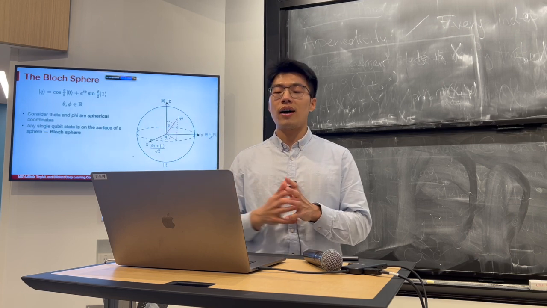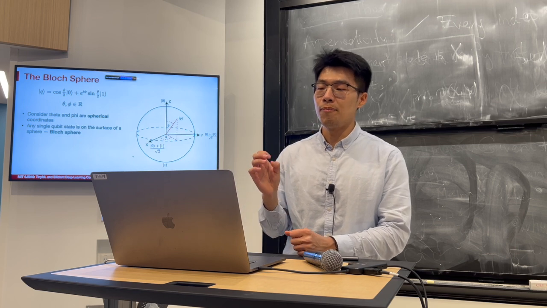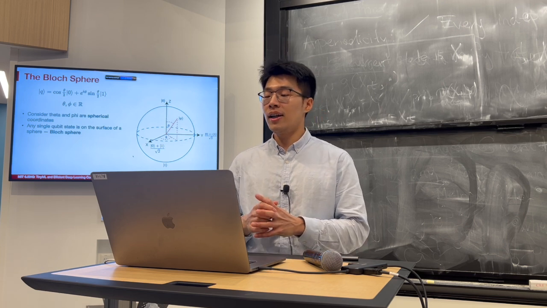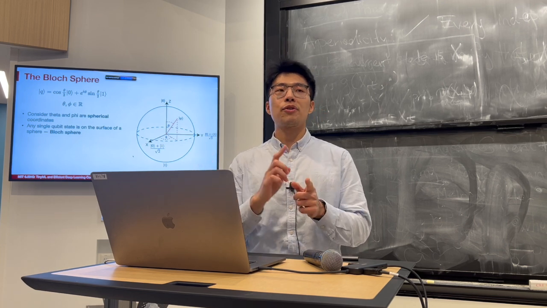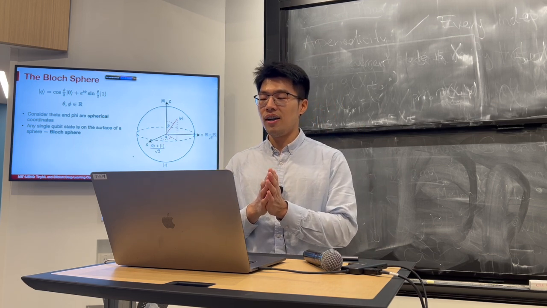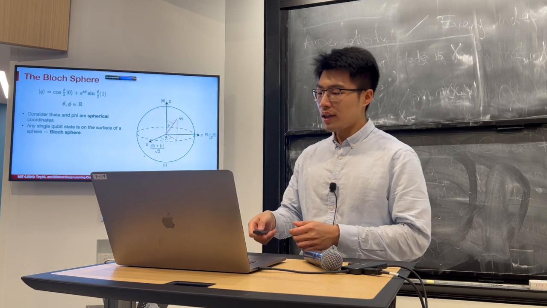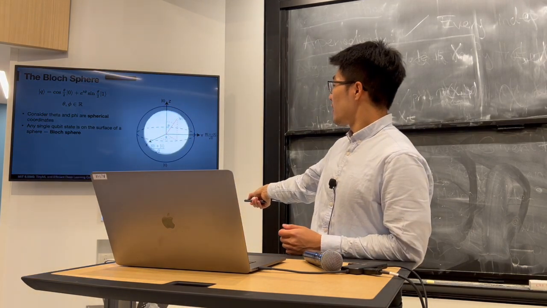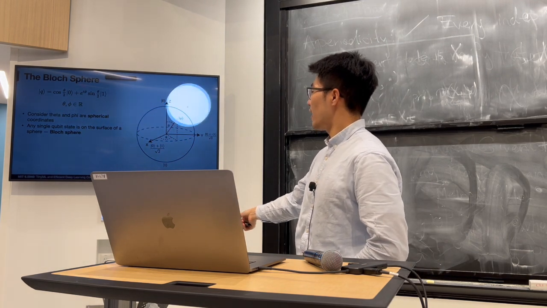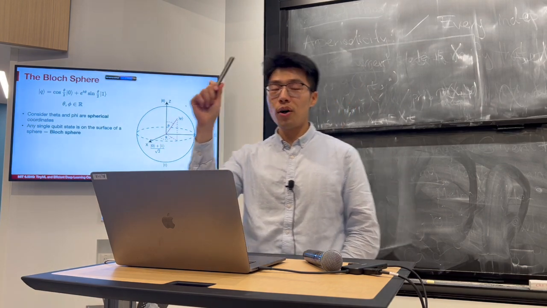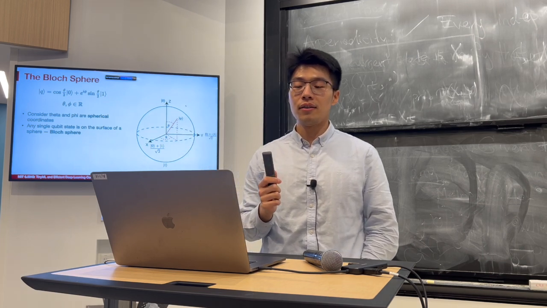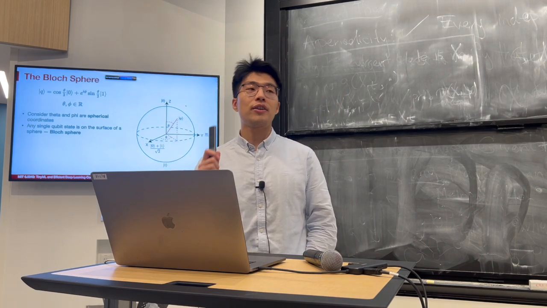That constrains all the degrees of freedom to just two real numbers, which are theta and phi. So we can represent the state of an arbitrary single qubit on a sphere, which is called the Bloch sphere. The degrees of freedom will be theta and phi. Any point on the sphere is uniquely represented by one qubit state, which is very useful for understanding where the qubit is.